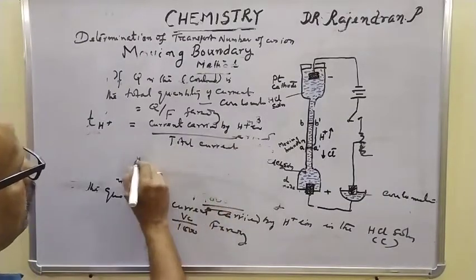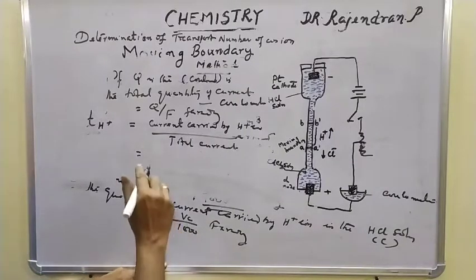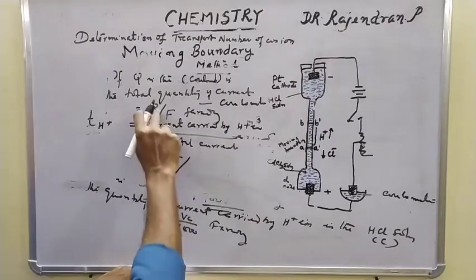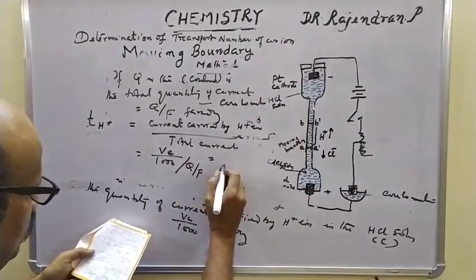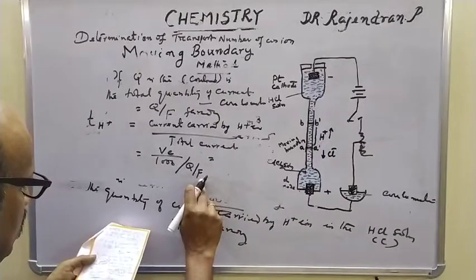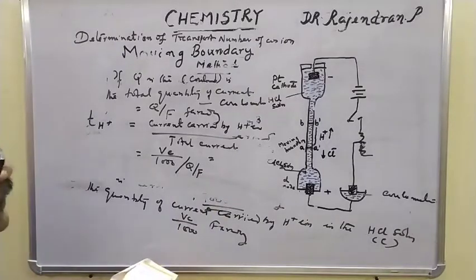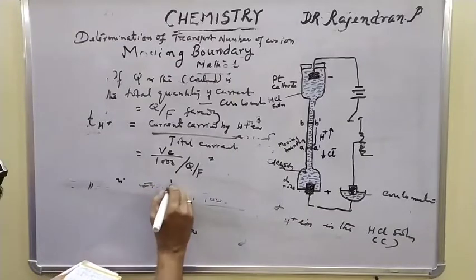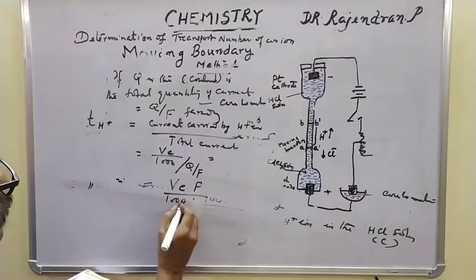That is equal to the current carried by the H plus ion in the C molar HCl, Vc by 1000, divided by the total quantity of current in Faraday, Q by F. That can be written as Vc into F divided by 1000 Q.